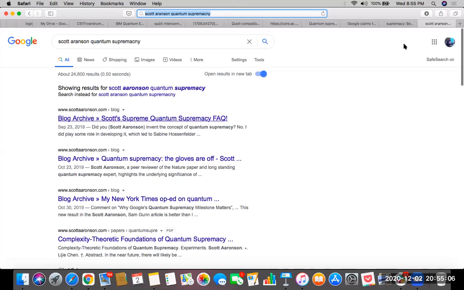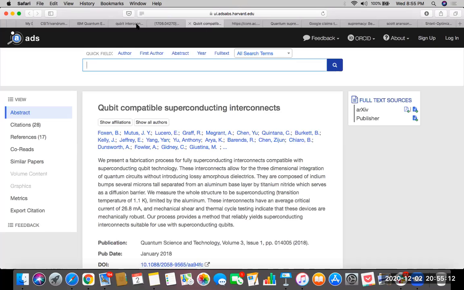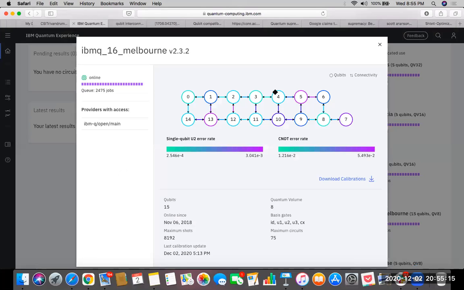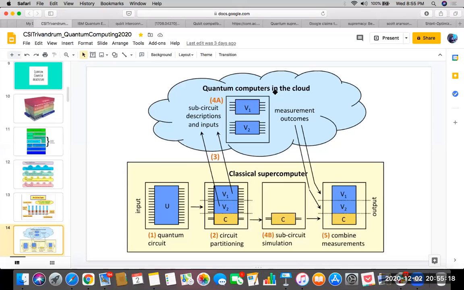Okay. Yeah, so I'll come back to the presentation. So the point is we can do a lot of wonders using a quantum computer together with a classical supercomputer. For example, you can input a quantum circuit and you can do circuit partitioning in a classical supercomputer and then try to do a circuit simulation and combine the experiments.